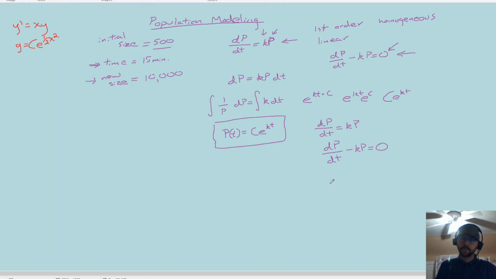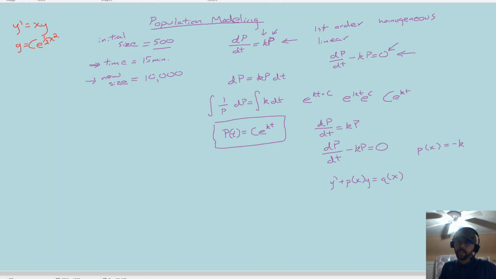Then what you need to know here is the standard form for the linear equation. I'll use y. So I think it's y prime plus p of x times y equals q of x. Yeah, that looks familiar. So in this case, p of x equals negative k. And once again, if I wanted to, I could change that to a positive k because it's just a dummy constant that's going to be filled in later.